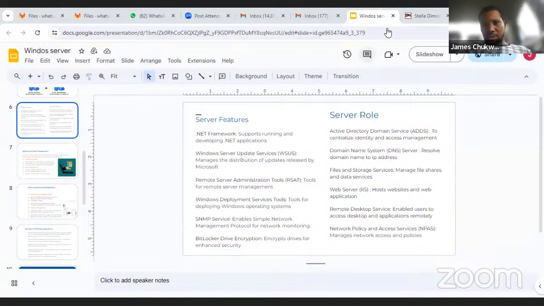I'm sure I can see my screen, but I think I still need to use the slideshow.